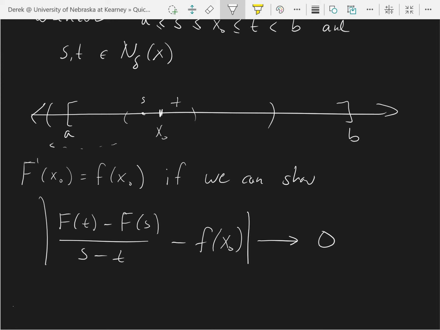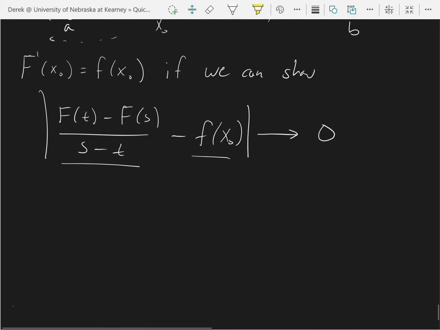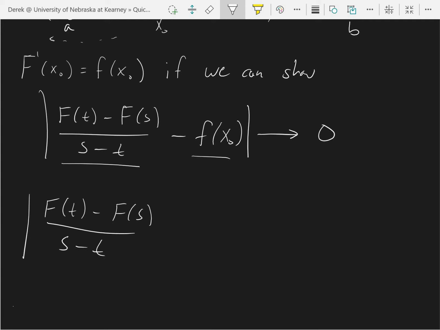That's the definition of derivative, that this limit exists and it's equal to f prime at x naught, or little f at x naught. Okay, so let's look at this left hand side. So let's take f of t minus f of s over t minus s minus f of x naught.